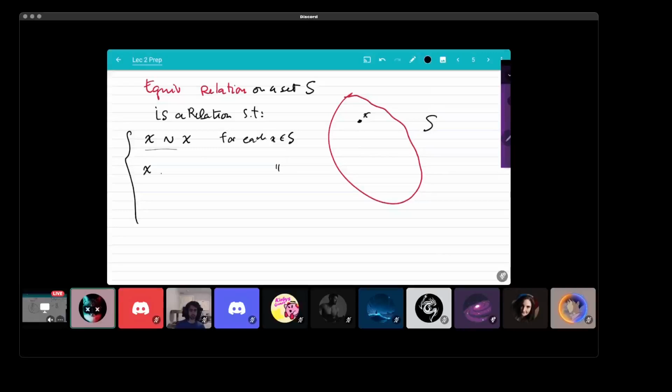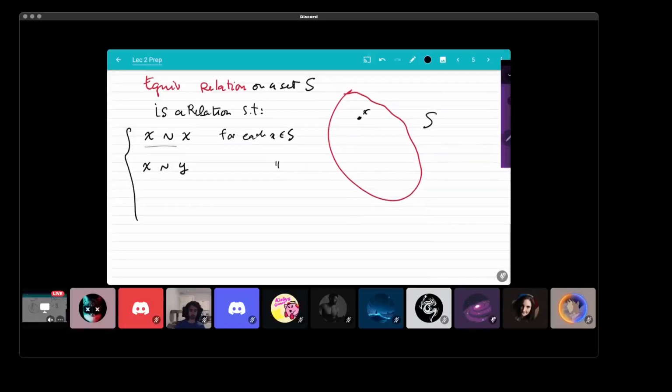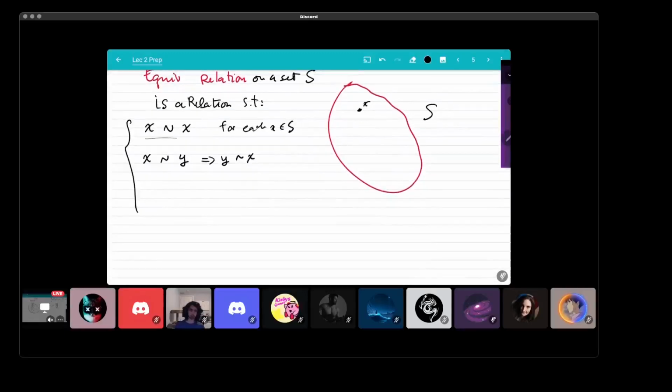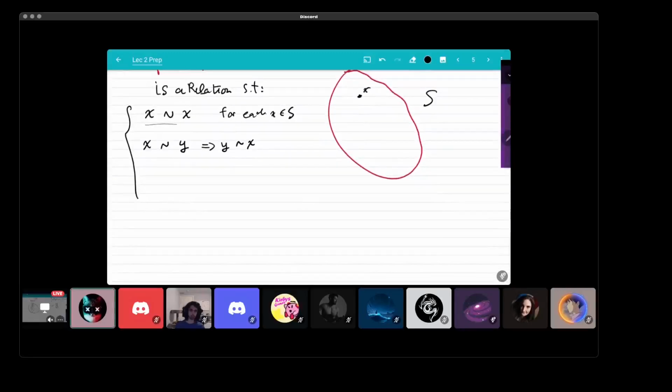Second property, if you have an element x that is equivalent to another one y, it means that y is equivalent to x. So if you say A is similar to B, you can deduce that B is similar to A. It might not be obvious why this does not hold for any relation in general. I can't really find a counterexample.